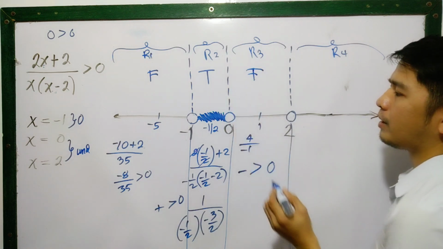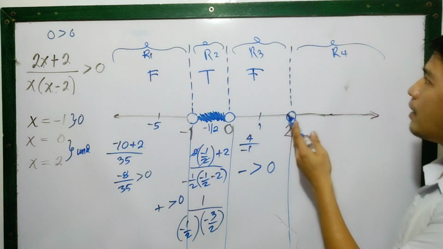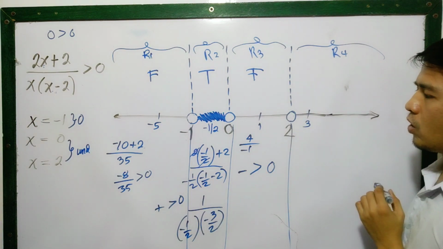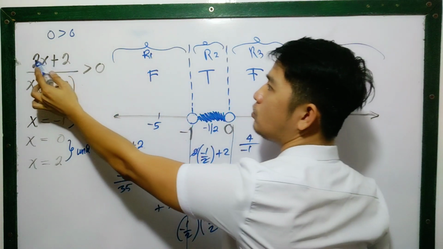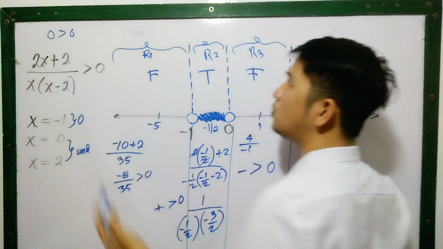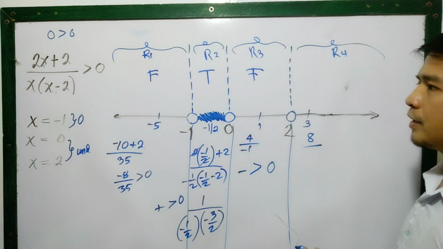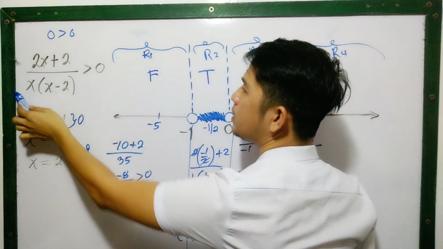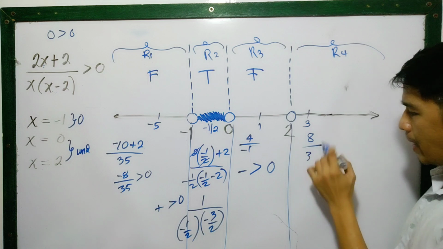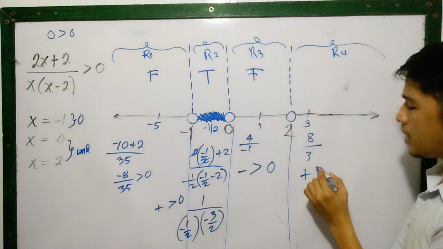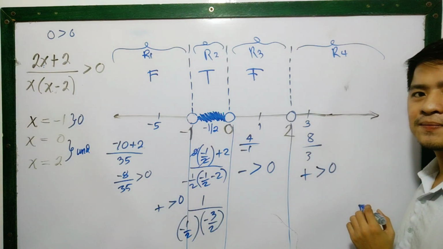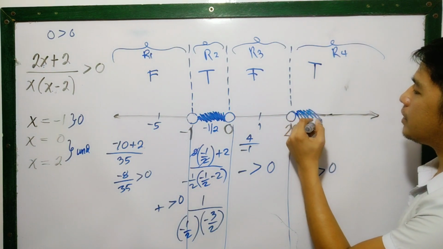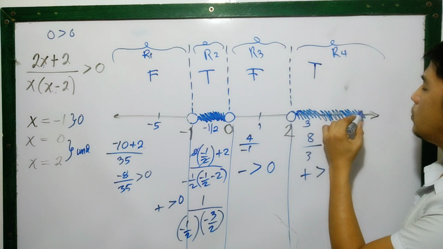So, hindi siya kasama. Next, let's go to the fourth region. Let us use 3. Pwede naman 4, 5, 6, and so on. When x is 3, 2 times 3 is 6. 6 plus 2 is 8. Over 3 minus 2 is 1. 1 times 3 is positive 3. So, positive number siya. Is that greater than 0? Yes. So, therefore, this is true. So, all of the numbers under the region 4 are included in our solution.